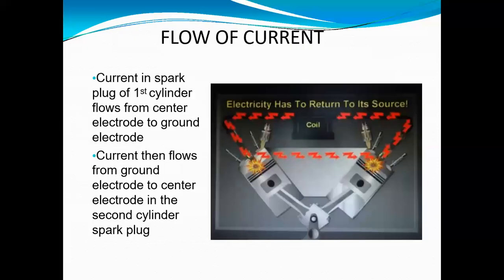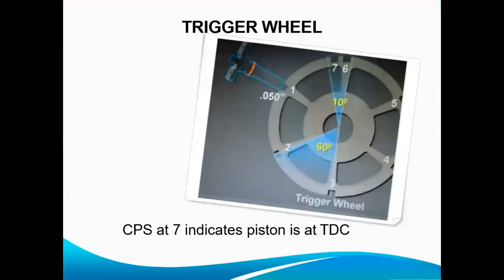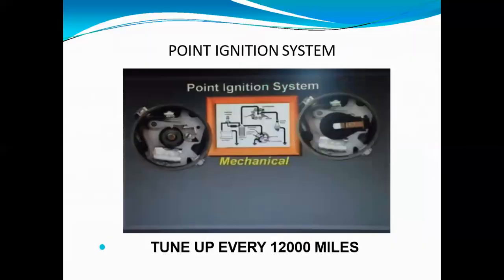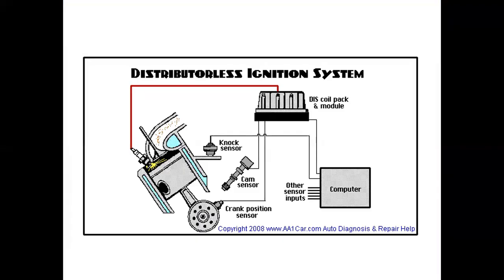Flow of current: current in the spark plug of the first cylinder flows from the center electrode to the ground electrode, and in the second cylinder the current flows from the ground electrode to the center electrode. So these are the different operations used in the direct ignition system or distributionless ignition system.